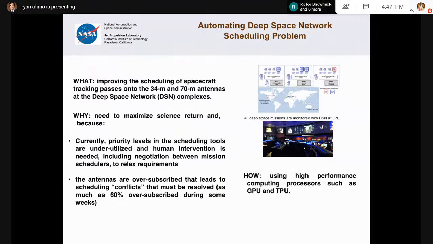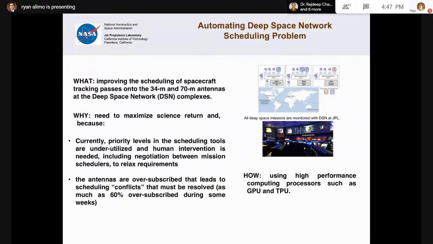And as a result, we want to use AI and optimization and deep learning to make this large scheduling problem automated. Currently, there is a lot of human in the loop, negotiating which mission needs to be scheduled and which missions need to be prioritized.